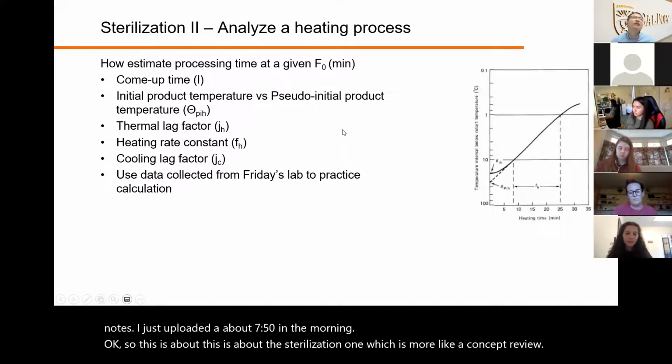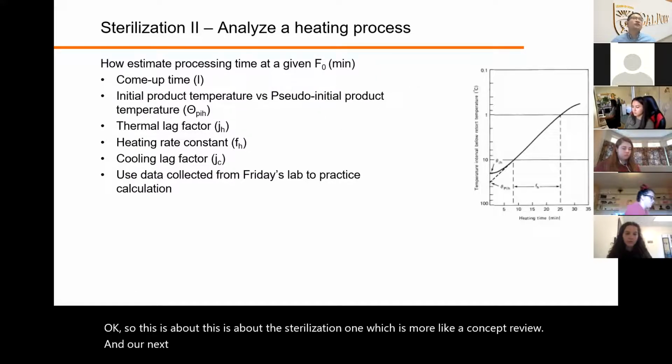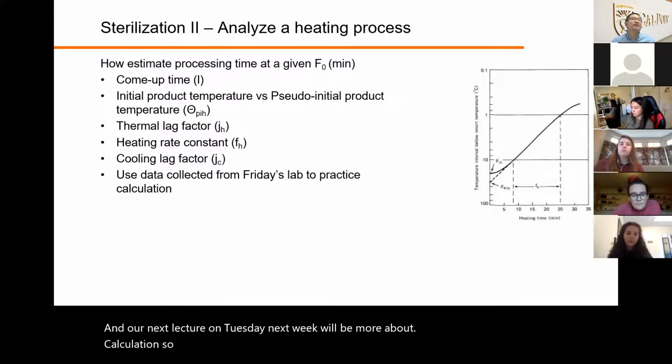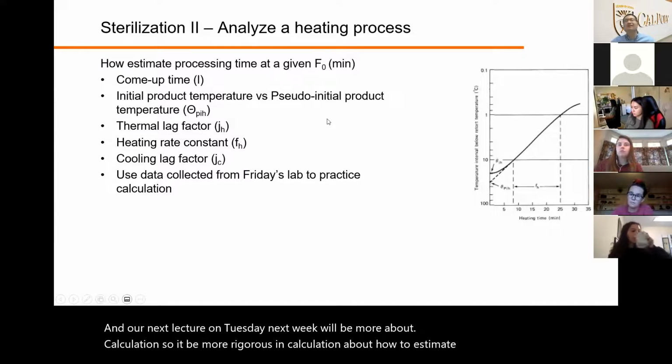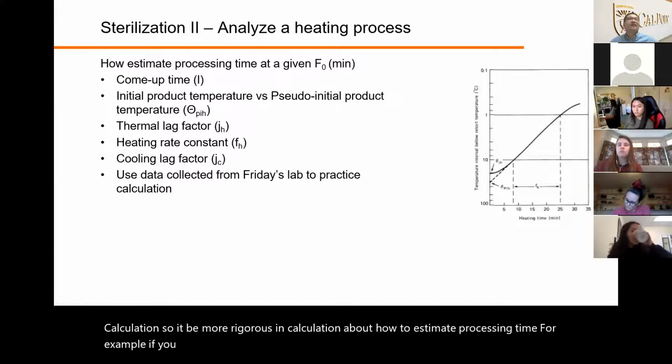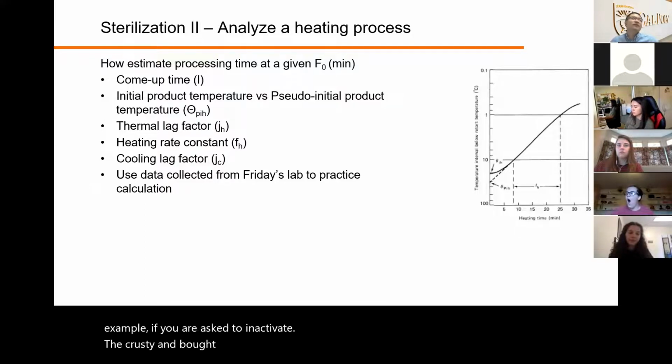And our next lecture on Tuesday next week will be more about calculation. So it'll be more rigorous in calculation about how to estimate the processing time. For example, if you are asked to inactivate Clostridium botulinum with a given F value, for example, 3 minutes, how long do you want to process it?